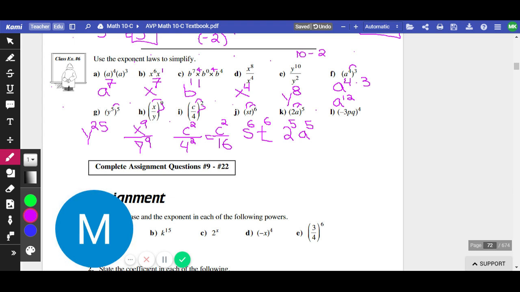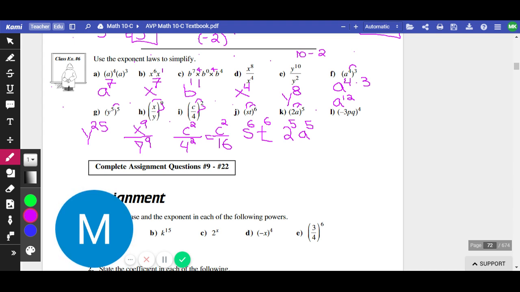All right. The last one. Kind of a tricky one to deal with. Okay, so that's negative 3pq all to the power of 4. Remember what that negative represents. That negative represents a negative 1. So you could break that up to be negative 1, 3, p, and q.